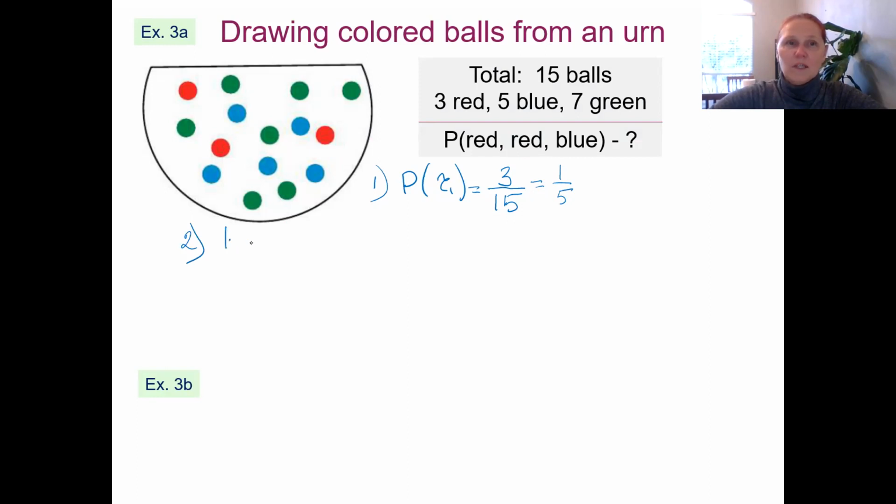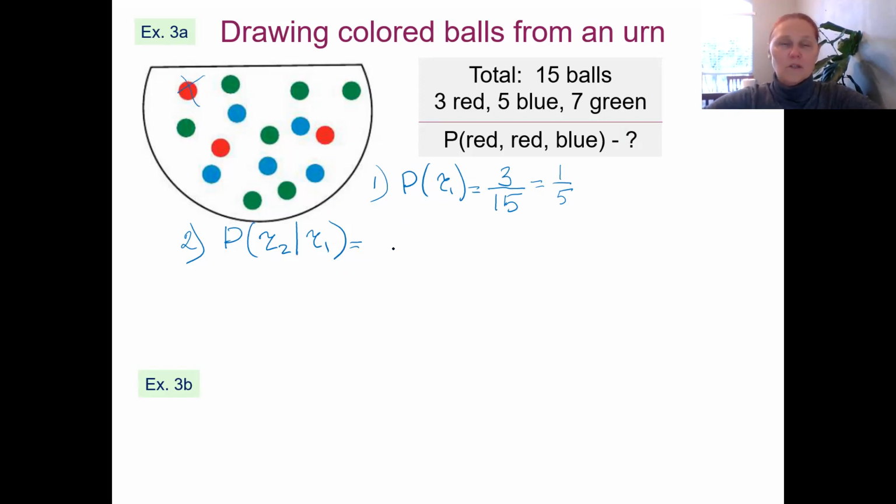Probability of getting a second red, given that the first was red. Now we have only 14 balls, so one red is already not there.